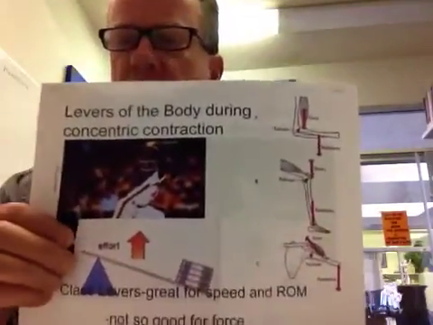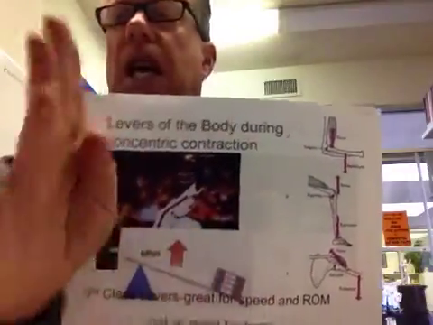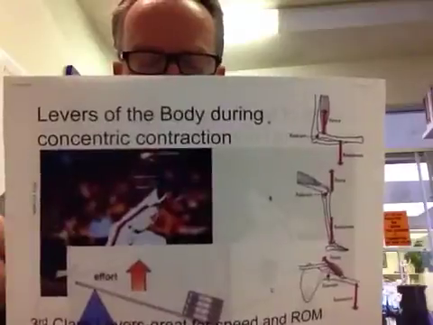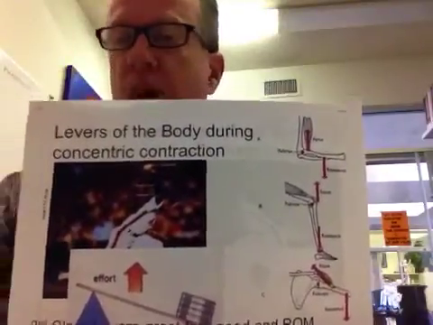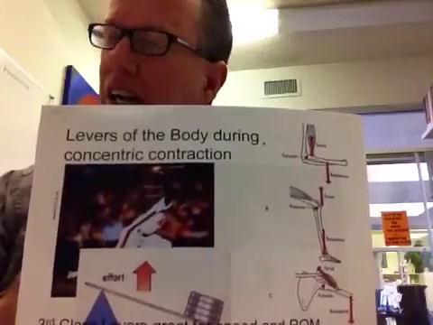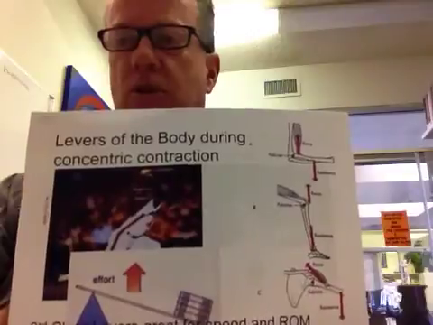This is a great lever for achieving speed. This is kind of a catapult operation where we can generate great speed and range of motion, but it's not a great lever for producing really high force.